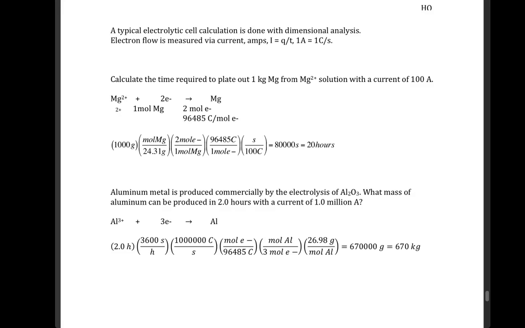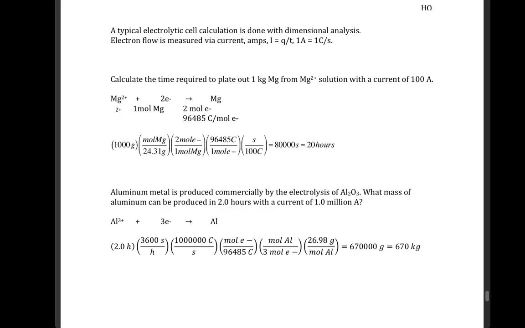So we have 1 mole of magnesium, 2 moles of electrons, giving us 1 mole of Mg, the atom. Okay, so we go from the 1 kilogram of magnesium to grams of it, so we have 1,000 grams.